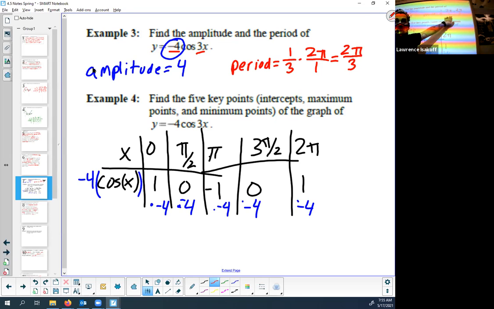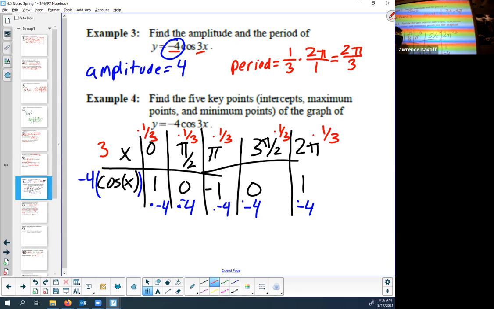I did 1/3 times 2 pi. So since this says 3x inside, I'm going to multiply each of these by 1/3. This gives me a brand new table.